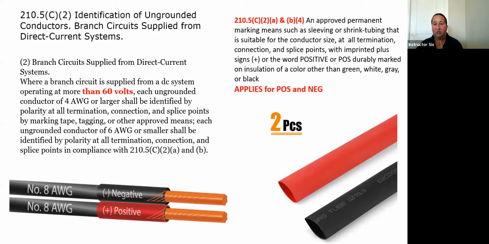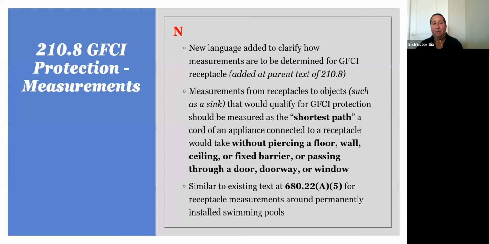Talking about now we're in GFCI, another important code change was that you take the shortest path measurement. How do you measure from a receptacle to something such as a sink that would qualify for GFCI protection? And what the code is telling you, must take the shortest path to connect to a receptacle without piercing a floor, wall, ceiling, or a fixed barrier, or passing through a door, doorway, or window.